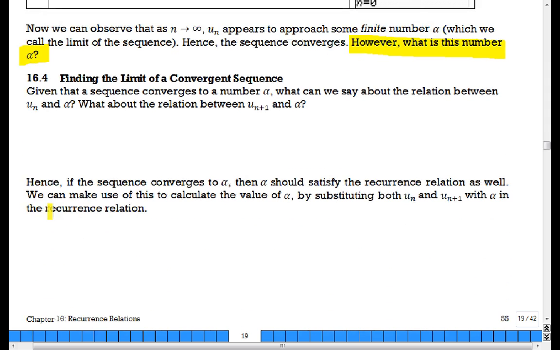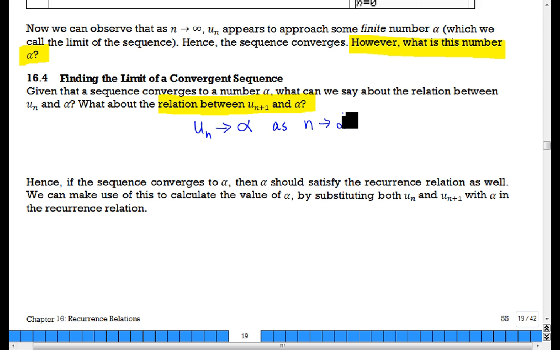Next part, we are trying to find the limits of the convergence series. Now, first we answer this question. What is the relation between un plus 1 and alpha? un should tend to the limit alpha as n tends to infinity.